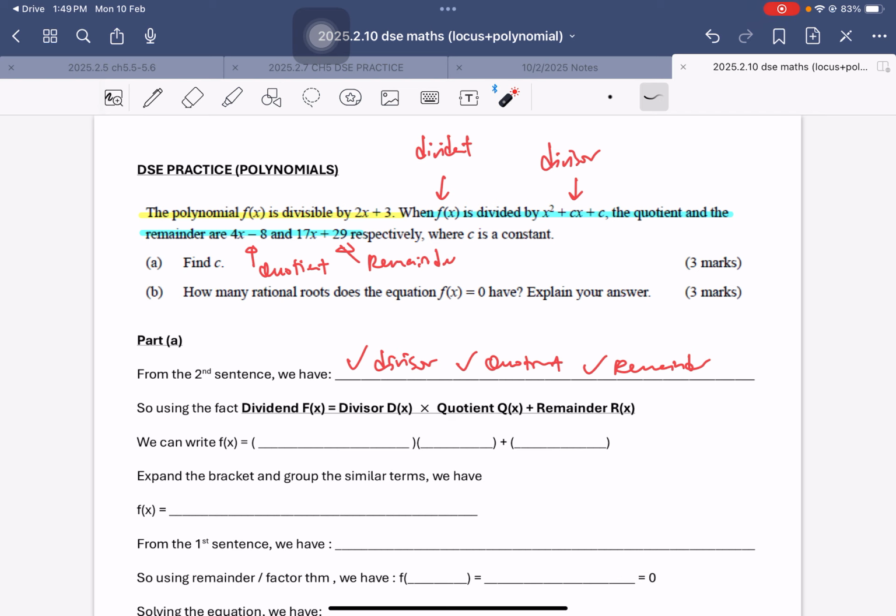You're using the divisor, which is x squared plus cx plus c, times 4x minus 8, and then plus 17x plus 29. Now it is time to expand the bracket.